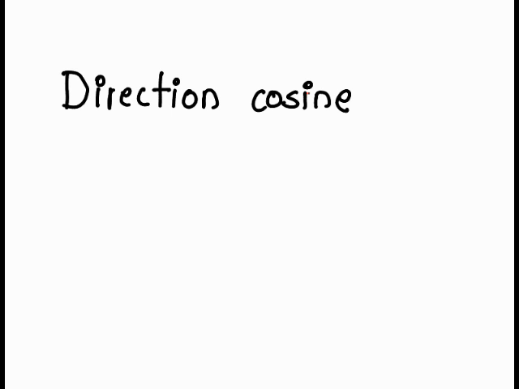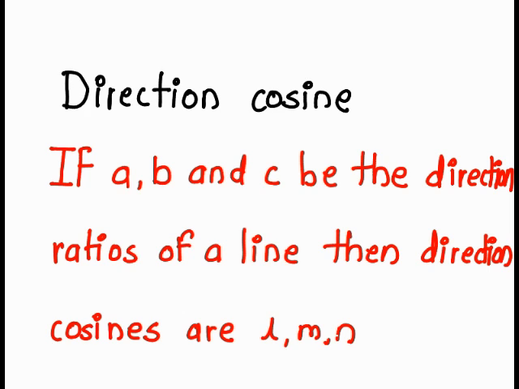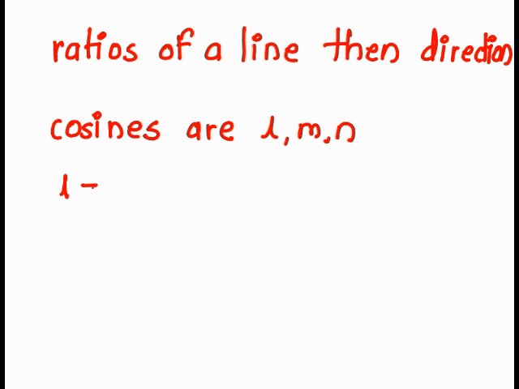Now we study what is a direction cosine. For direction cosines, we require the direction ratios. If A, B and C are the direction ratios of a line, then the direction cosines L, M and N can be found with the help of the following formula. L is equal to plus or minus A upon square root of A square plus B square plus C square.